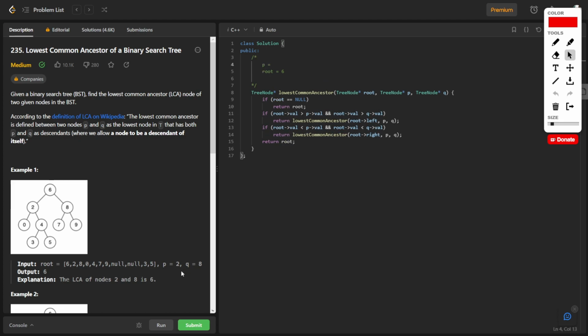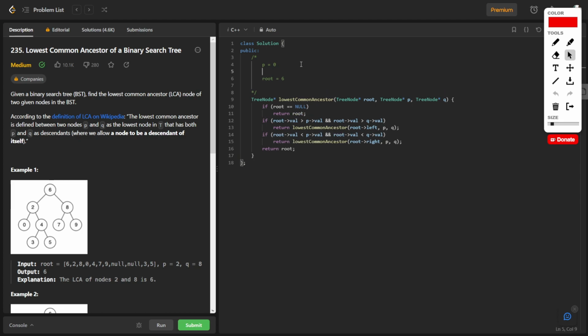Let's make it a bit harder. Let's say 0 and 5, for example. So P is 0, Q is 5. Then my root is now 6. So in this case, the lowest ancestor would be 2, right?